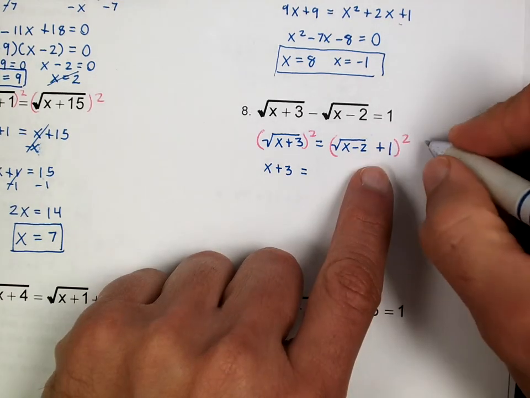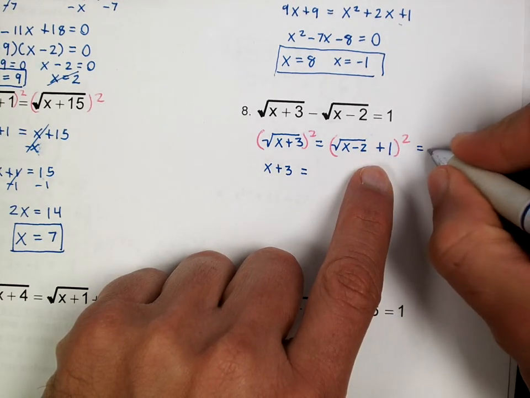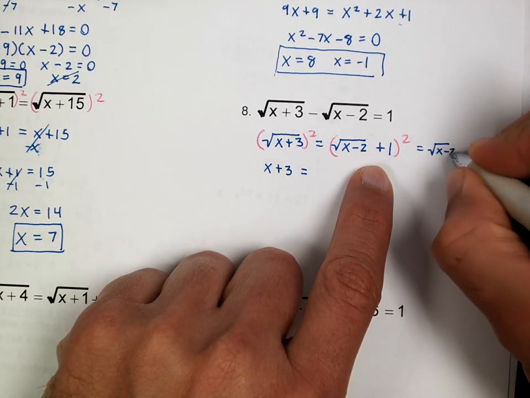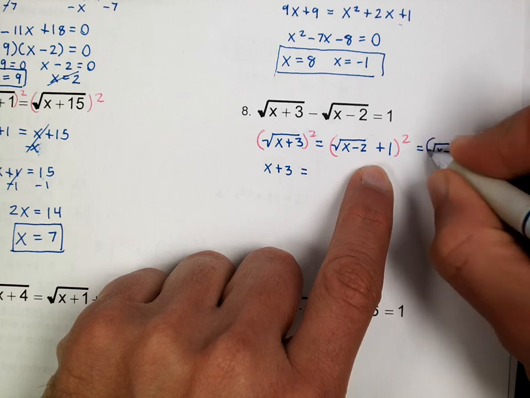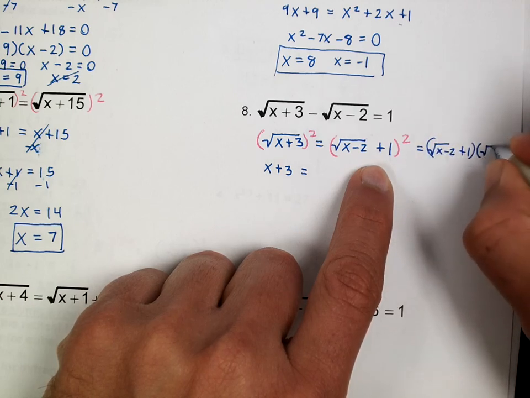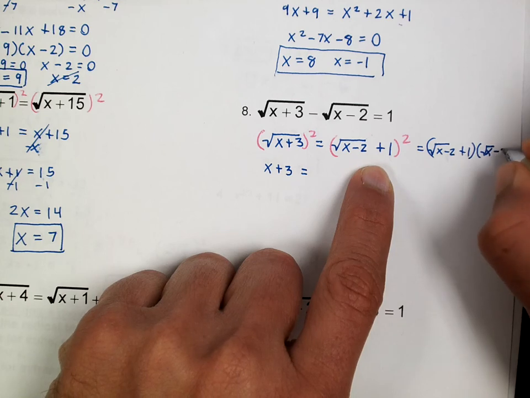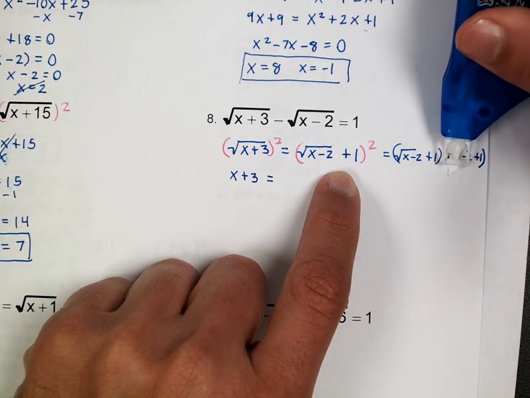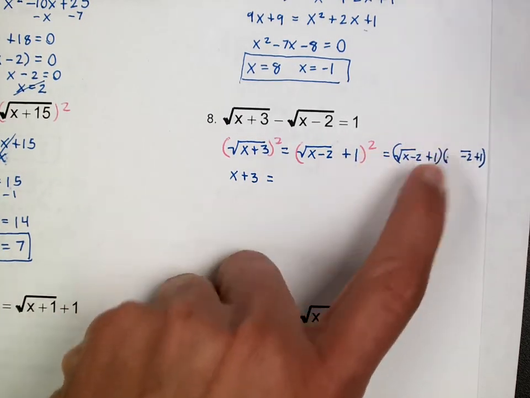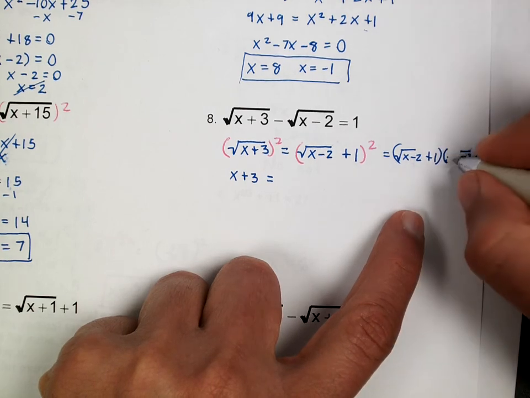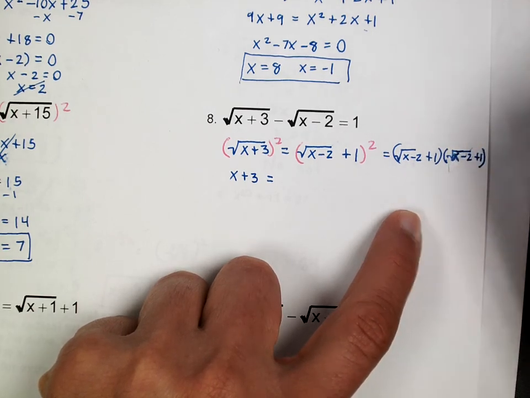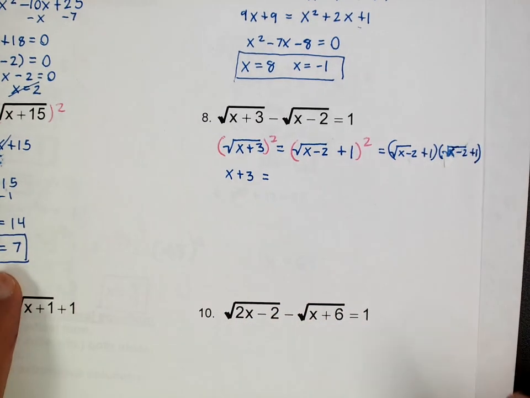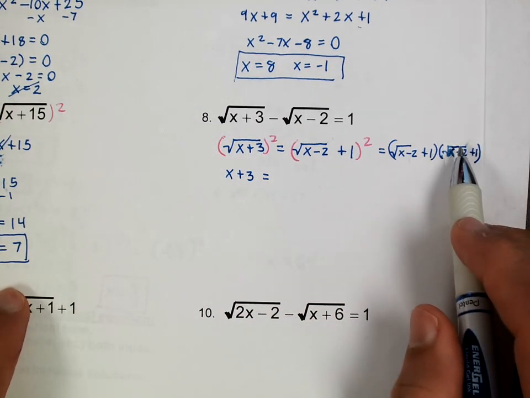Alright, so remember that this right here would be the square root of x minus 2 plus 1. That one's kind of hard to see, so I'm going to go ahead and rewrite that. Alright, so we have an x minus 2, right? So essentially we're multiplying this times this. So let's do it one at a time.